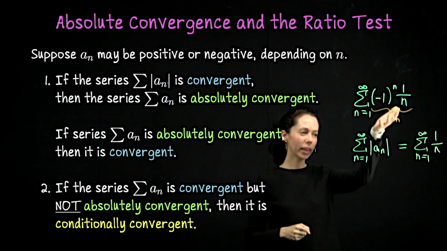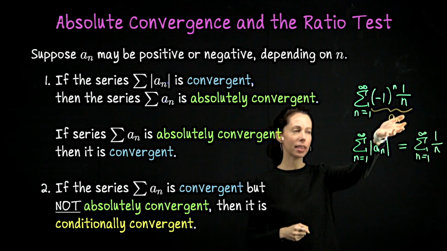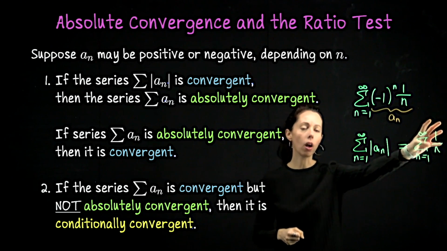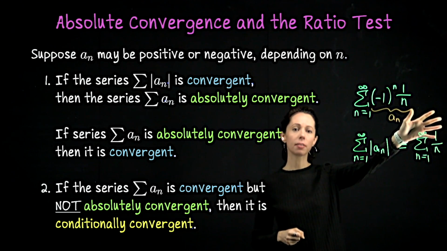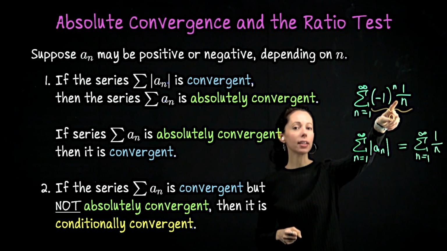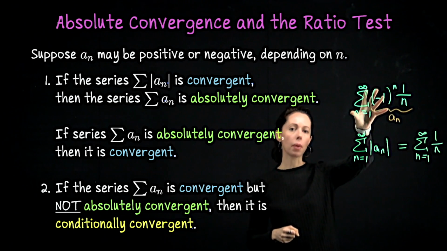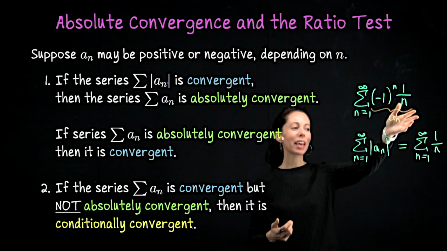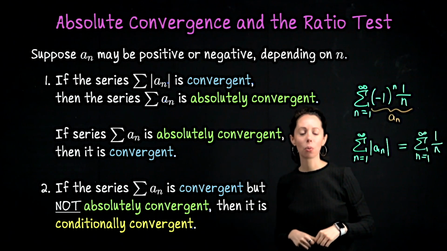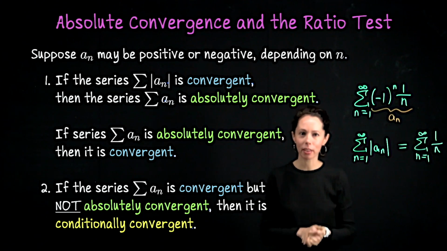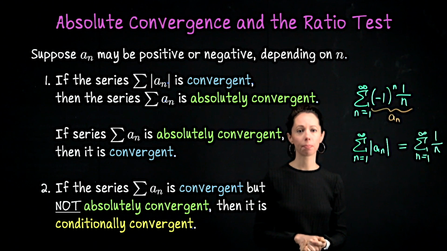So what we can observe with these two examples is that the divergent harmonic series, where all of the terms are positive, diverges. But when we allow the signs to alternate, the alternating harmonic series converges. So it's like by alternating signs, we get a big boost in the ability of our series to converge.